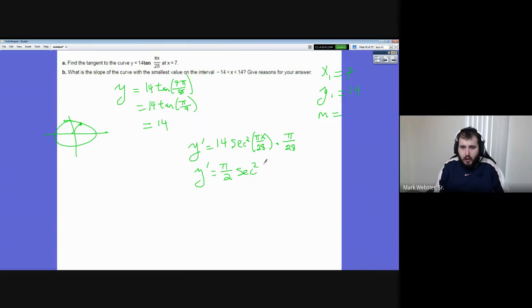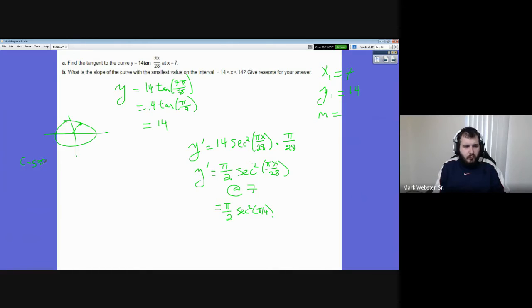secant squared of, and then I can plug in 7. And I'm going to see that that's pi over 4 for secant, right? And so I need to figure out, okay, well, secant, we're talking about 1 over cosine, right?